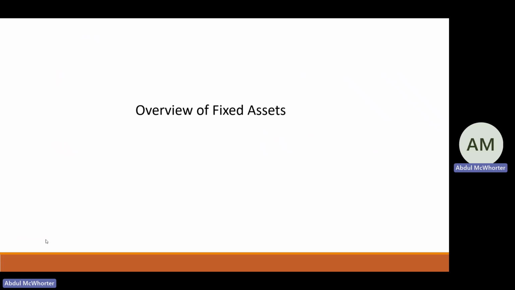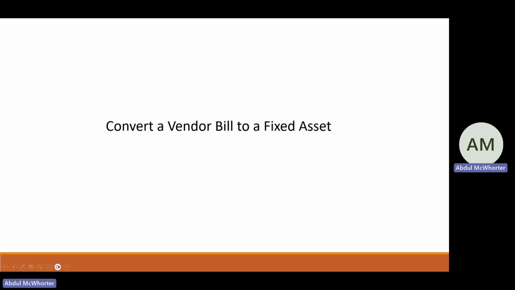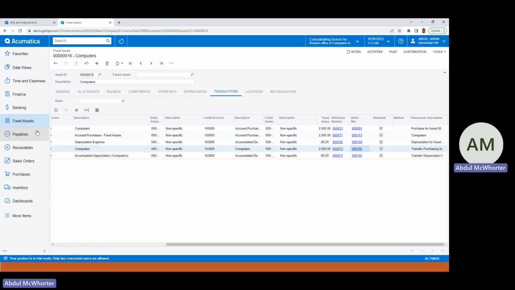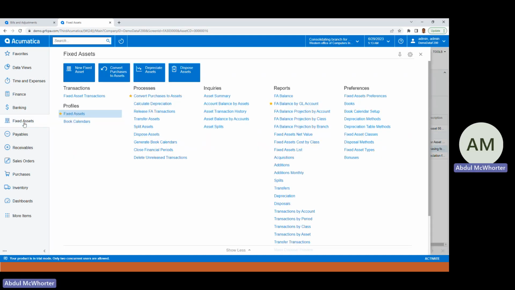And so now our next portion will go into converting a vendor bill to a fixed asset. And so let's jump back into Acumatica, and how we convert an existing purchase to a fixed asset is you first must create a purchasing transaction.